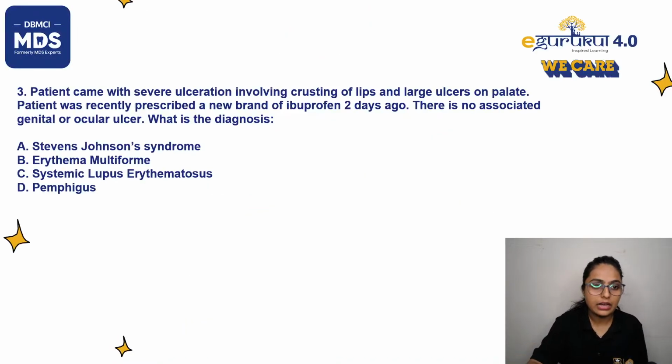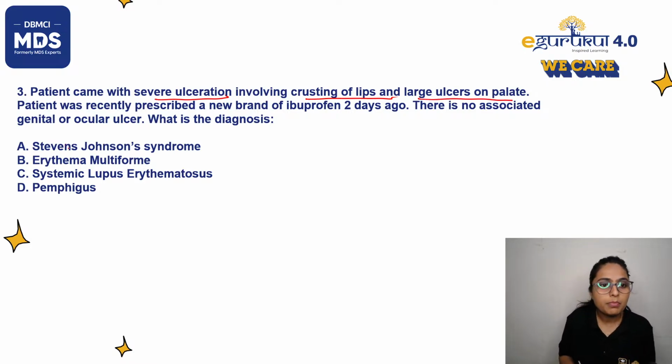Next question that we have is third. A patient came with severe ulceration. Underline the keywords: severe ulcerations involving crusting of lips and large ulcers on the palate. Patient was recently prescribed a new brand of ibuprofen 2 days ago.